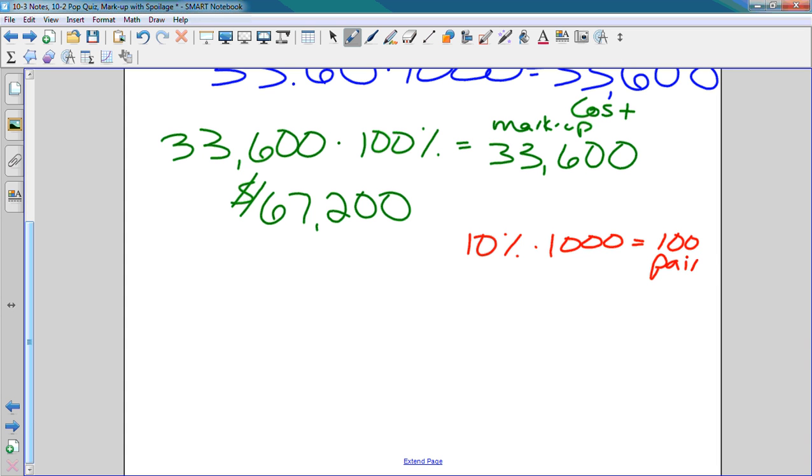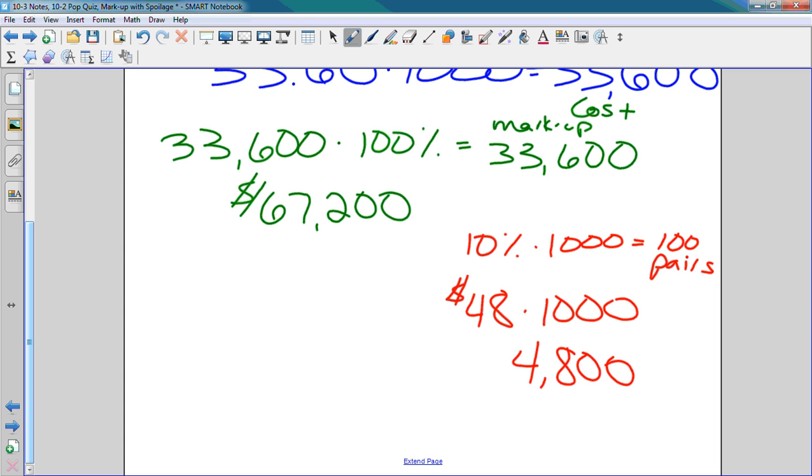And what do I get for those 100 pairs of shoes? $48. So I multiply $48 times those 100 pairs, and I'm going to get $4,800 for 100 of the shoes.